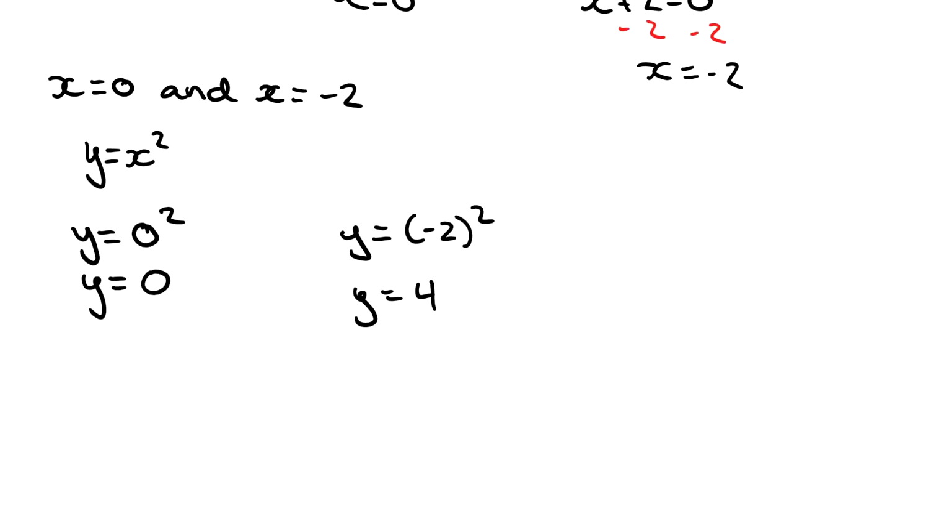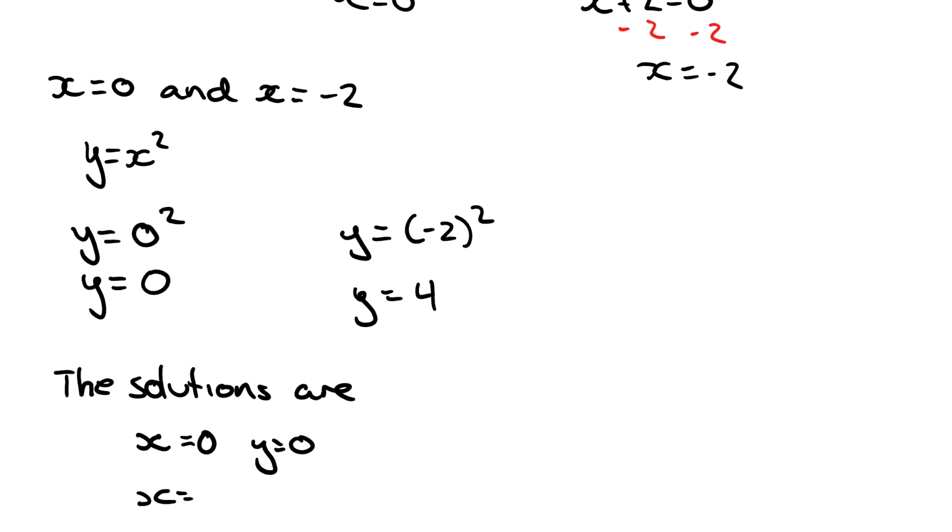At this point, it's good practice to write down the solutions. The solutions are x equals 0, y equals 0, and x equals negative 2, y equals 4. So those are my solutions to these problems.